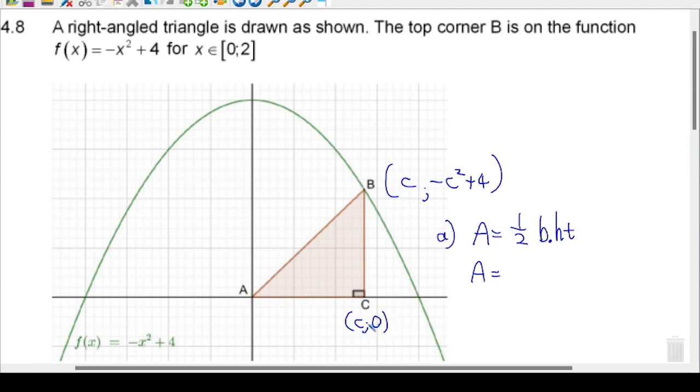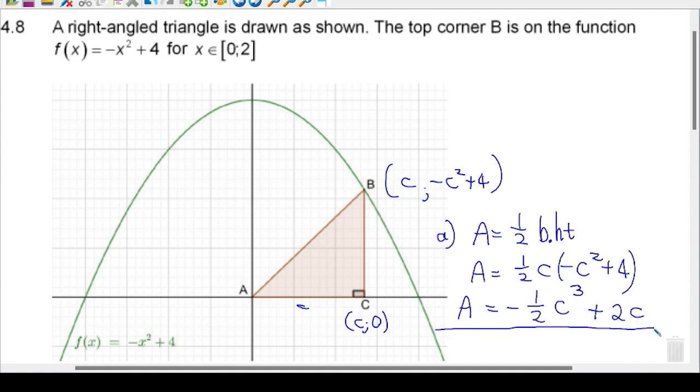So the base is clearly C, and the height is just the y value of point B. It's negative c squared plus 4. If we multiply that out, we get negative half c cubed plus 2c. That's the answer to part A.